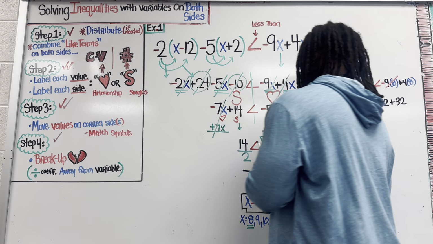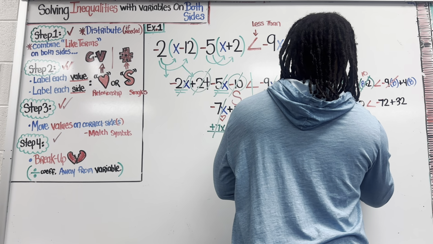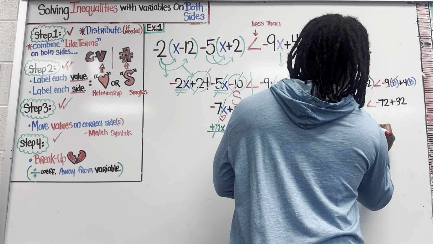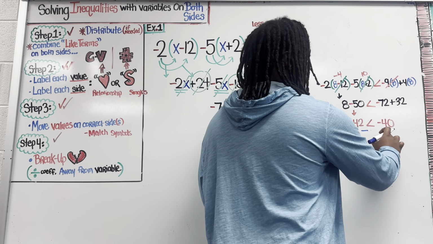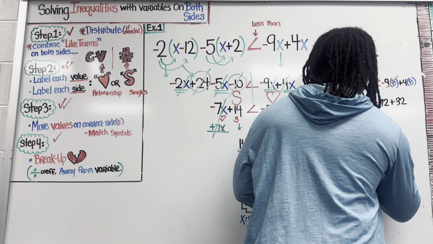So 8 minus 50 equals a negative 42, and it should be less than the opposite side. Negative 72 plus 32 is a negative 40. So yes, guys, this is true because negative 42 is less than negative 40, right? So this proves that our answer is true.